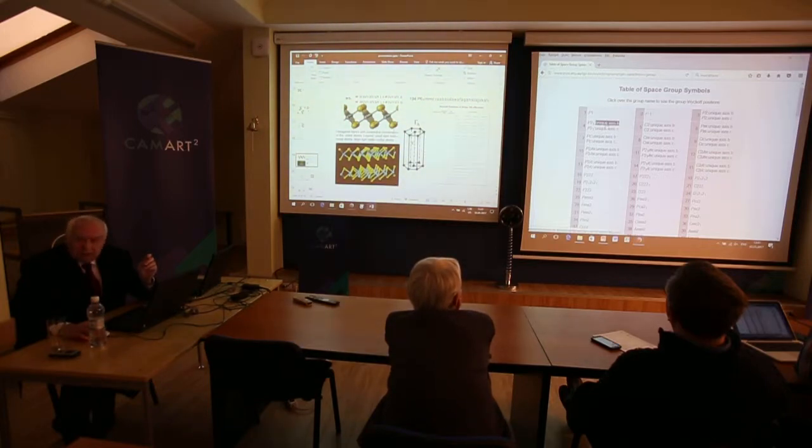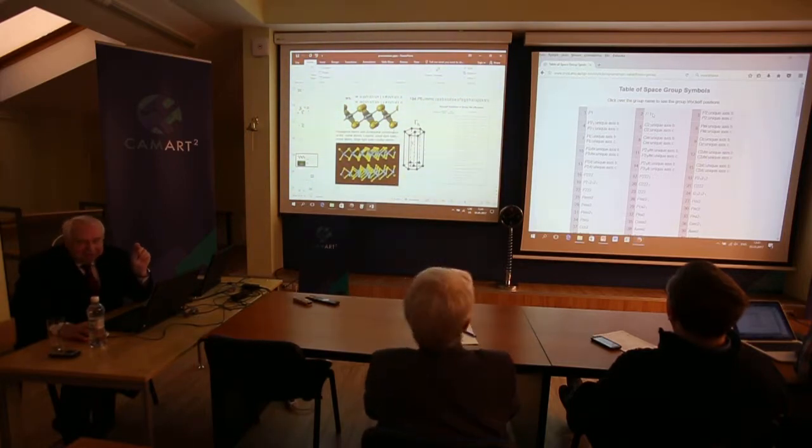Why minus 1? Andrei, you can explain why minus 1 also exists. 1 is a first order axis. 1 minus 1 exists. Inversion, yes. But why? It must be in the lattice, but it can be absent in the group.